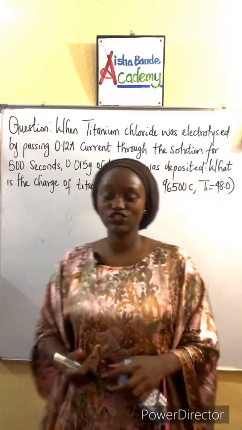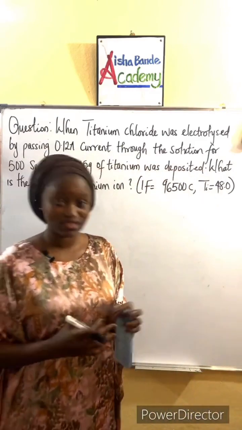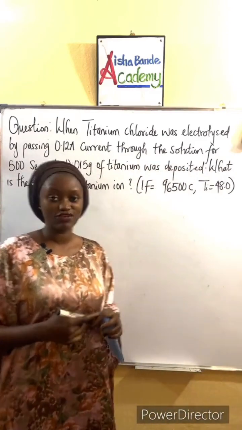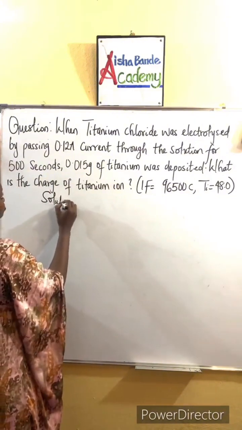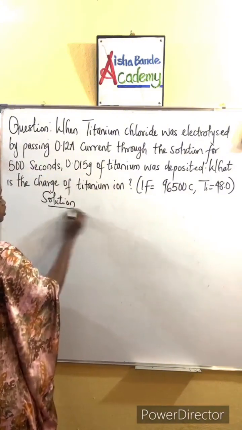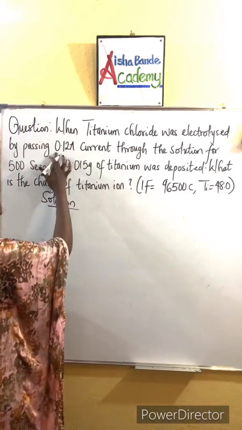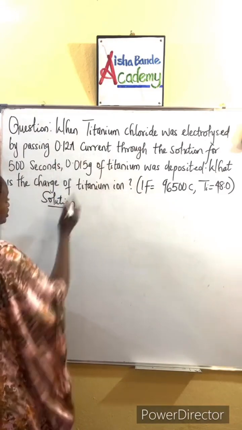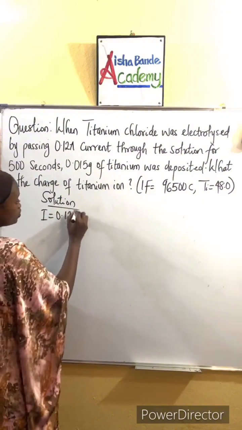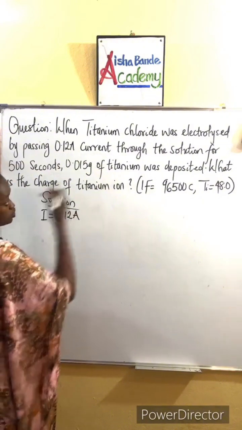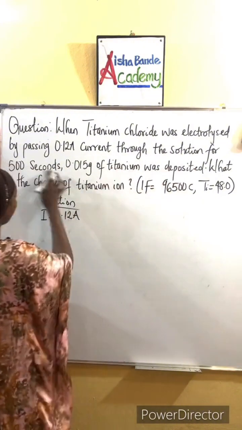So for us to begin to solve this question, all we need to do first is to bring out the parameters given. So bringing out the parameters, it says that the titanium chloride was electrolyzed by passing 0.12 ampere of current. So current I is equals to 0.12 ampere through the solution for 500 seconds.